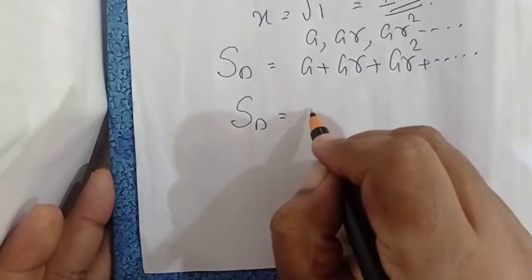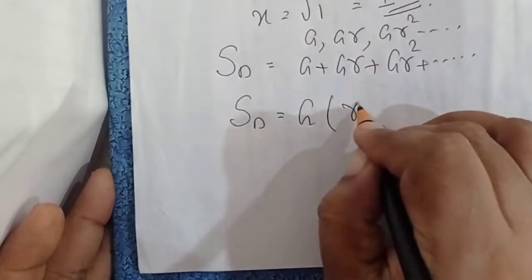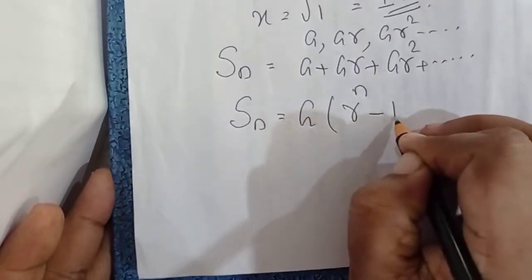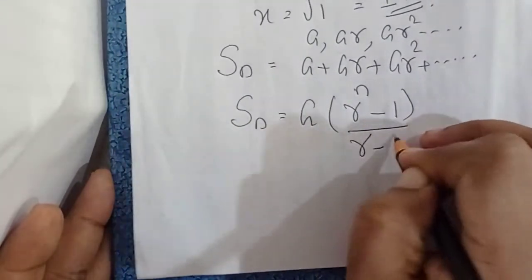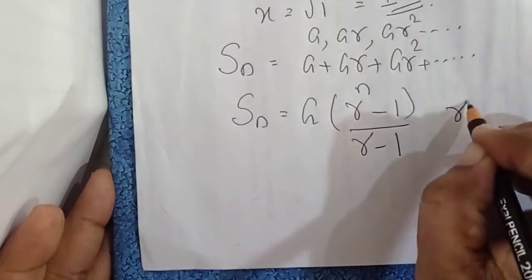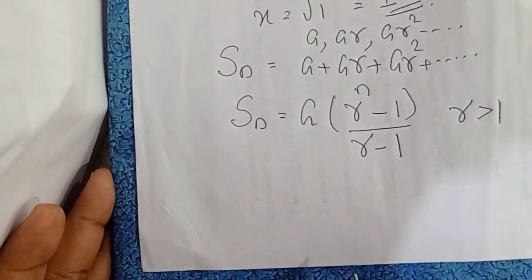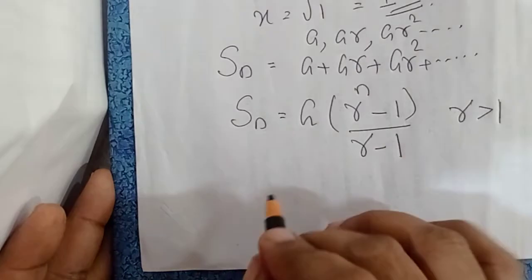Sn is equal to a into (r^n - 1)/(r - 1). The condition is r greater than 1. If the common ratio is greater than 1, you apply this formula.